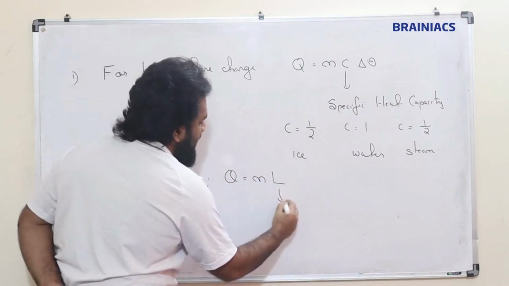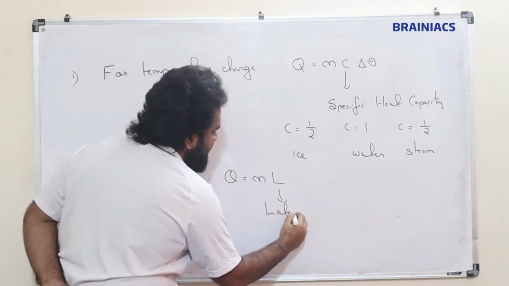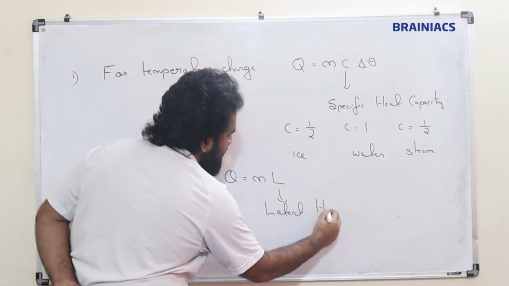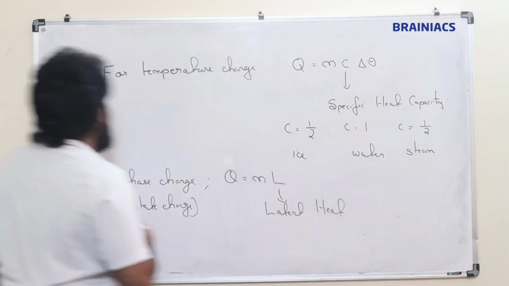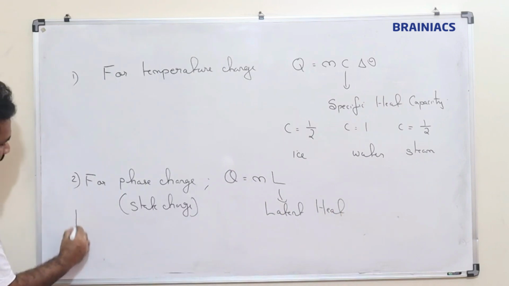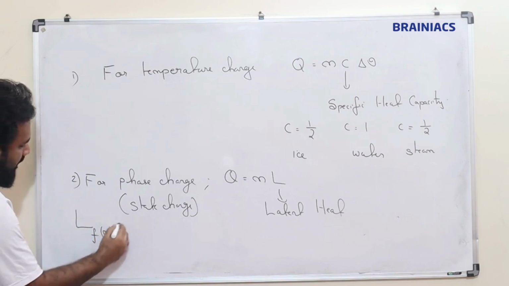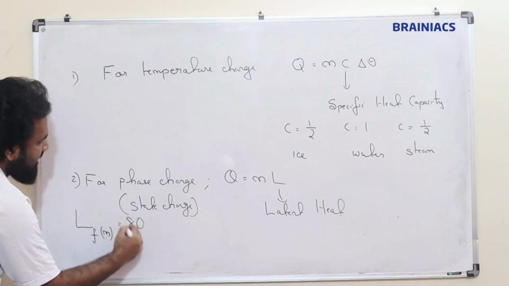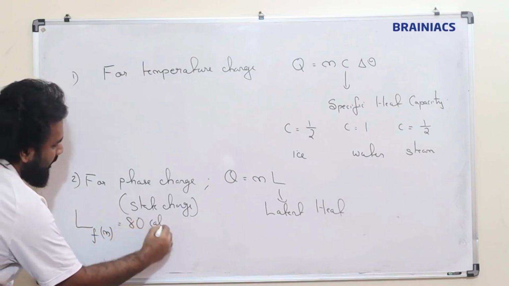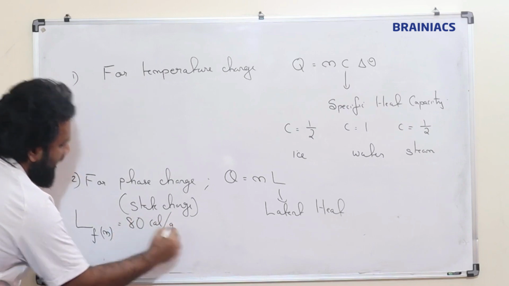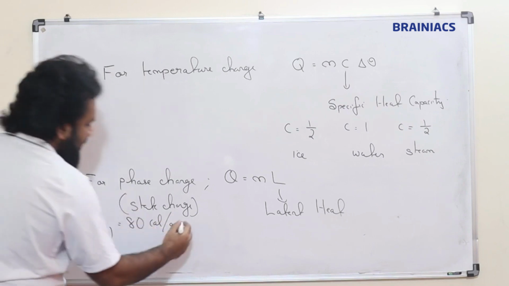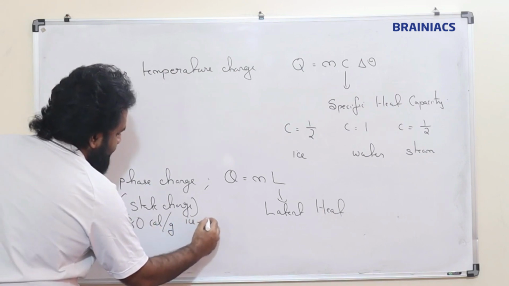What is this L? Latent heat. Here latent heat of fusion or melting is equal to 80 calorie per gram in the case of ice and water.